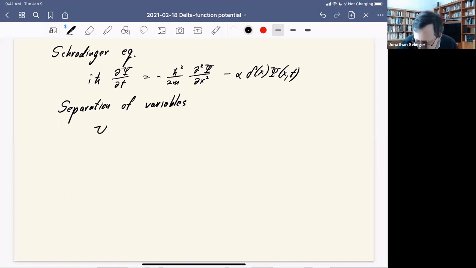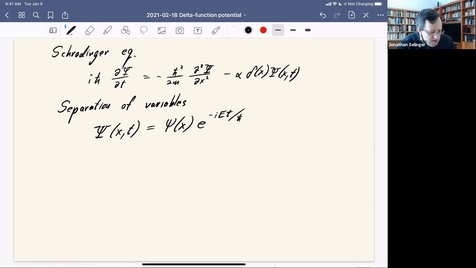So we assume that this time-dependent wave function is some time-independent wave function times a time-dependent factor. And we know what the time-dependent factor is. It has to be exponential of minus i energy t over h bar, right? We proved that in general.